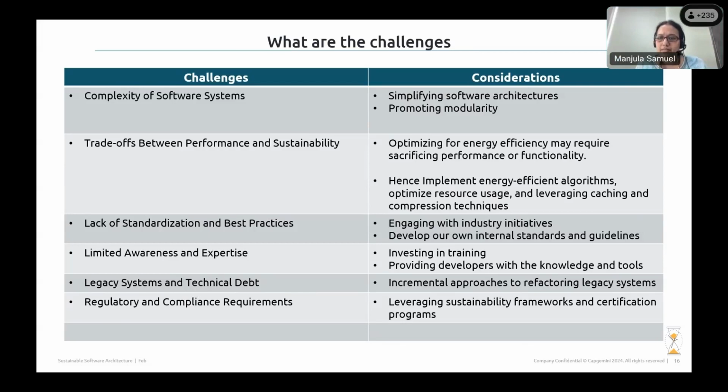There are also various sustainability frameworks and certification programs that can provide guidance and validation of sustainable software architecture practices. By addressing these challenges and considerations, organizations can overcome the barriers to implementing architecture and designing systems that minimize the environmental impact while meeting the business objectives and user needs.